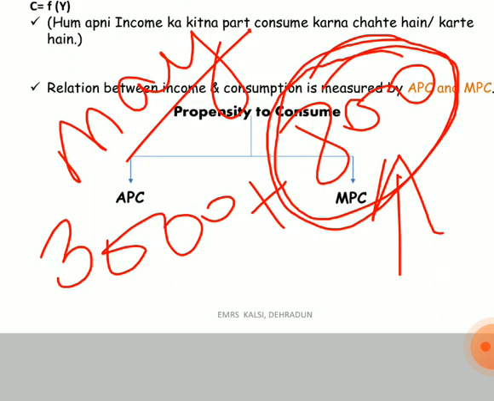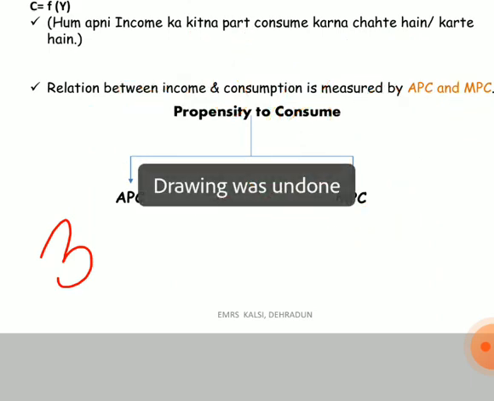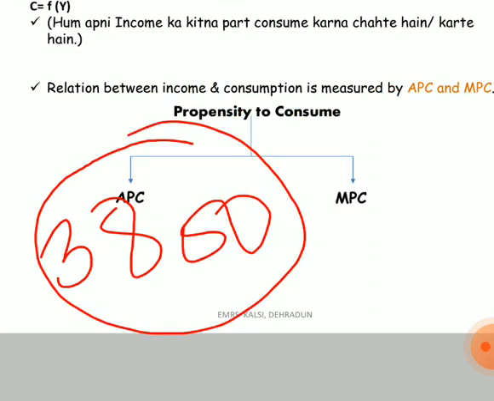But here the total income of May is 3800. So if we see it as the total income, 3800, then for the month of May, when we are calculating APC, we will take 3800.